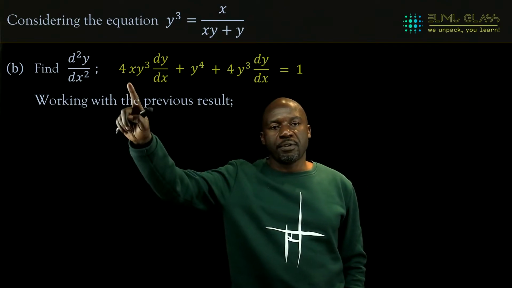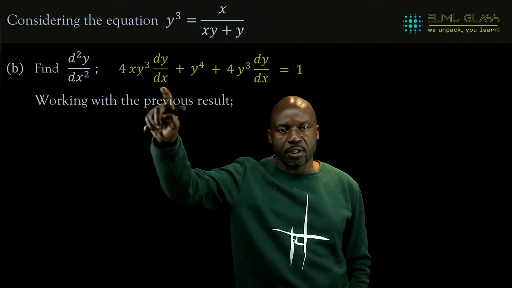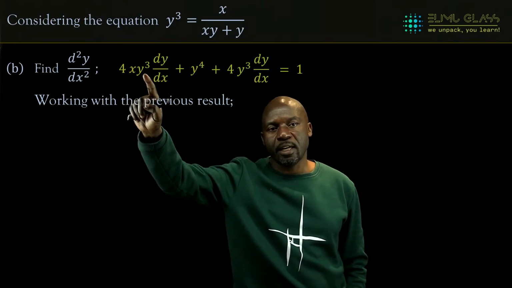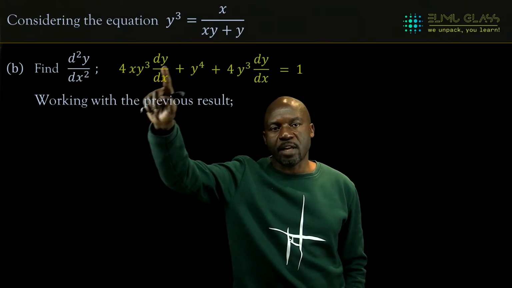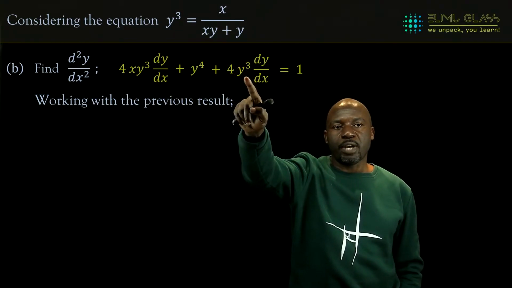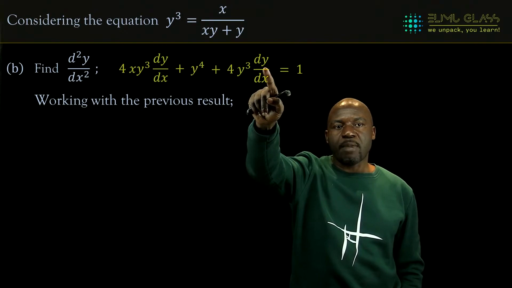Now we have 3 variables, so treat dy by dx here as a separate variable. So we have x there, we have y cubed, and then we have dy by dx. That is a constant. Similarly, here we have y cubed and we have dy by dx.